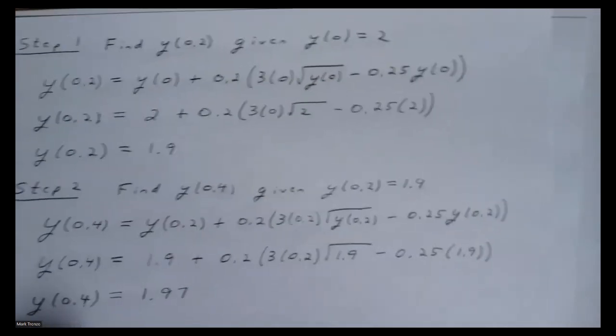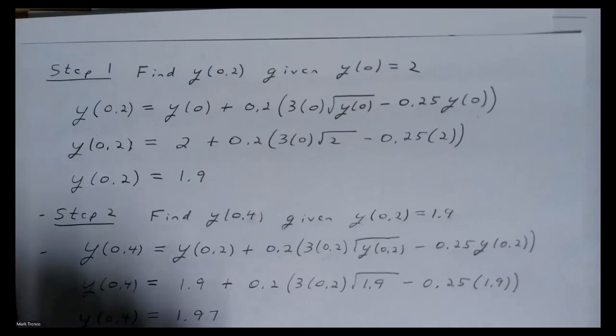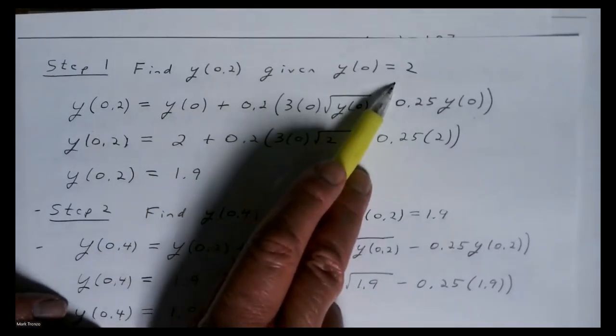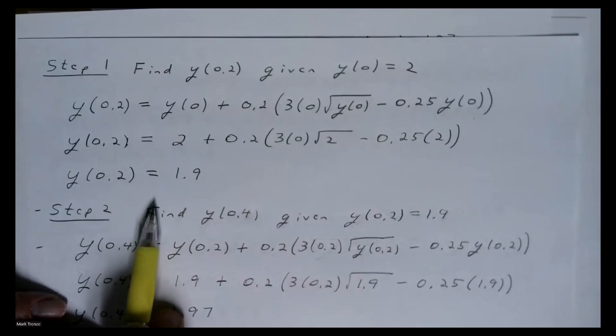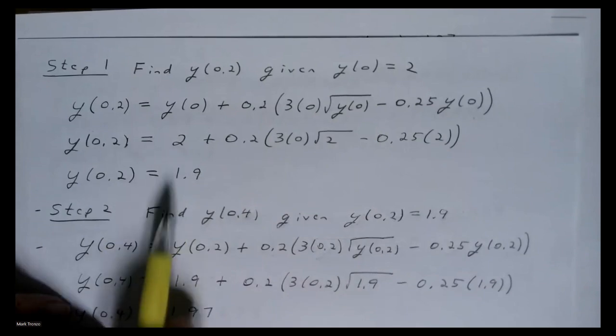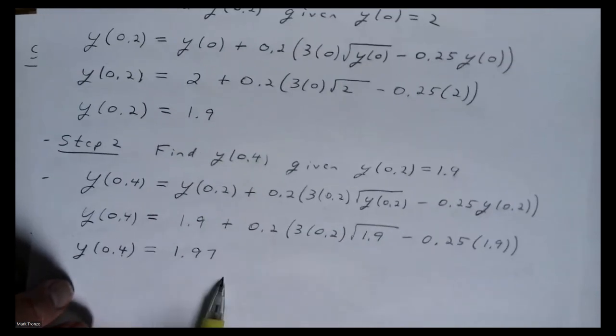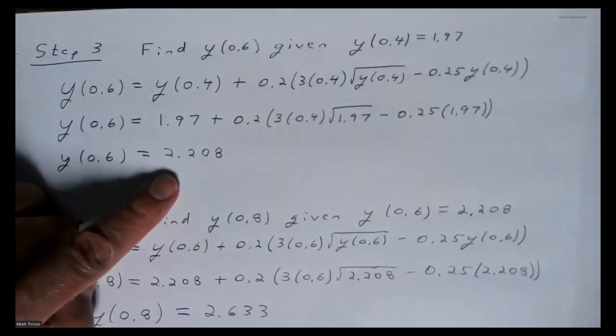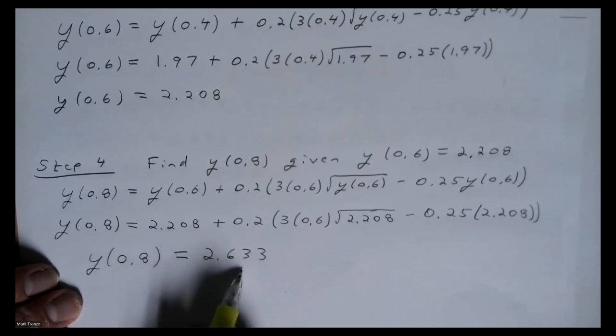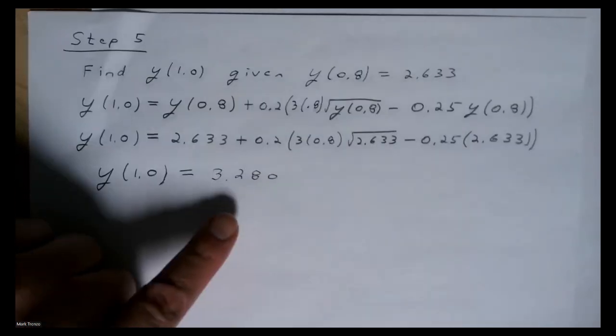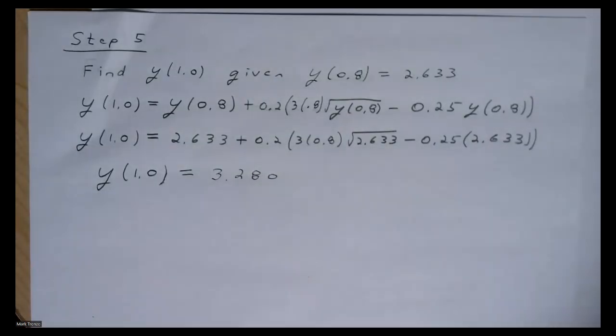So if we needed all the points along the way, of course, the original one was 2. And at time 0.2, we had 1.9. At 0.4, 1.97, 2.28. At 0.8, we had 2.633, and at 1, we had 3.28.